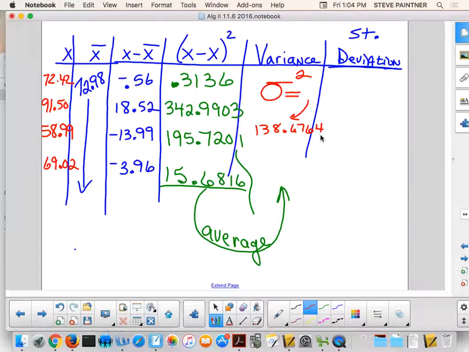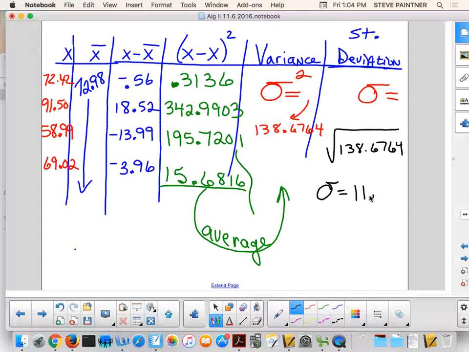Okay. If that's what sigma squared is, and that's called variance, then sigma would be the square root of this. So you take the square root of 138.6764 and get 11.7778.